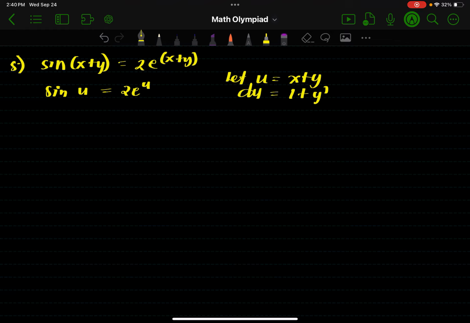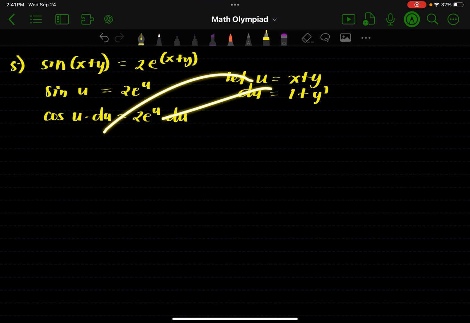And let's find the derivative of this. This is cosine u times du equals 2e raised to u times du. The derivative of sine u is cosine u du. The derivative of e raised to u is e raised to u times du.